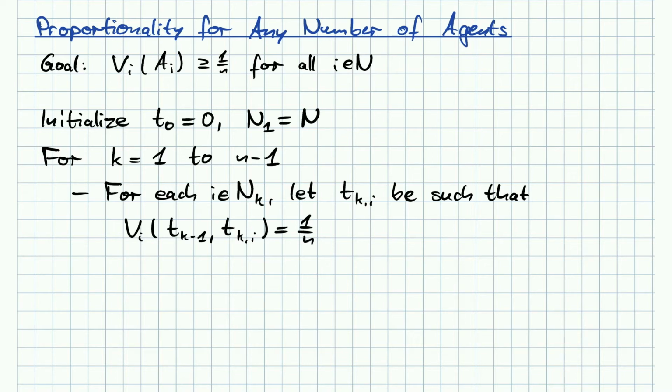Where this notation that I'm now starting to use here means I'm now writing v(a, b) just for the vi(a, b), the value of the interval from a to b.